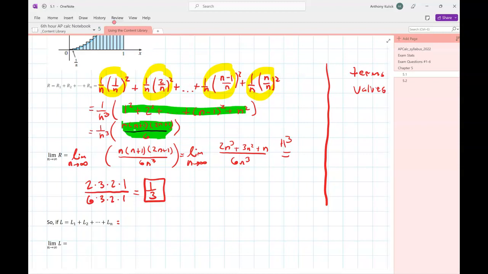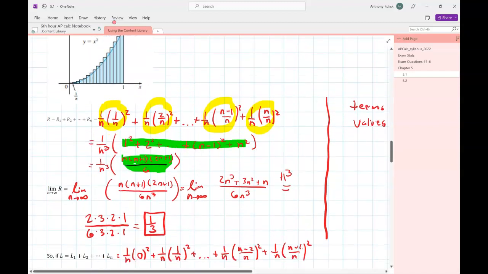So if we do the same thing now using the left endpoints, why is the first one, after the dot, n minus 2 times?